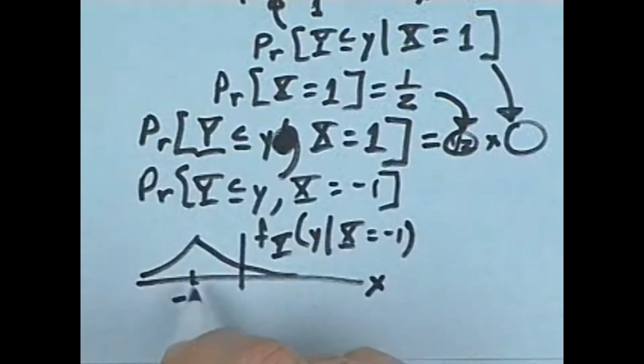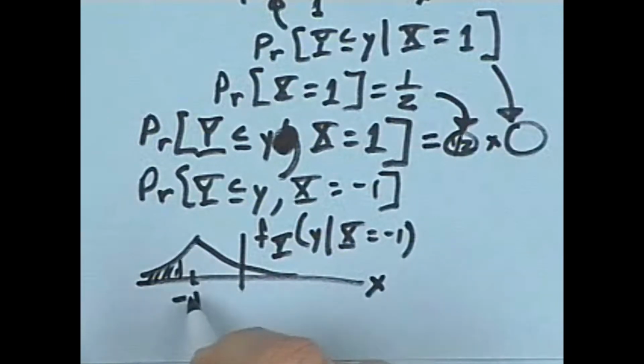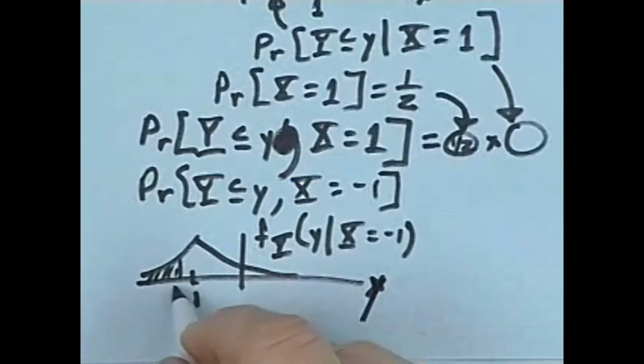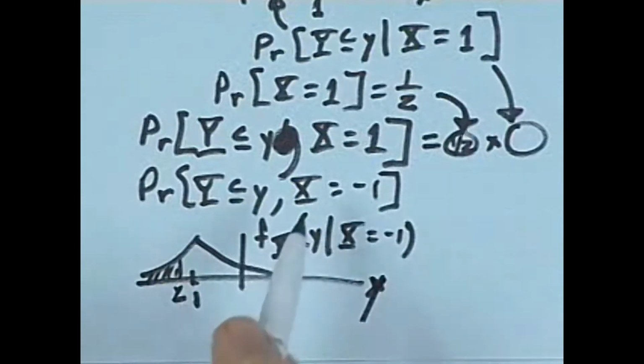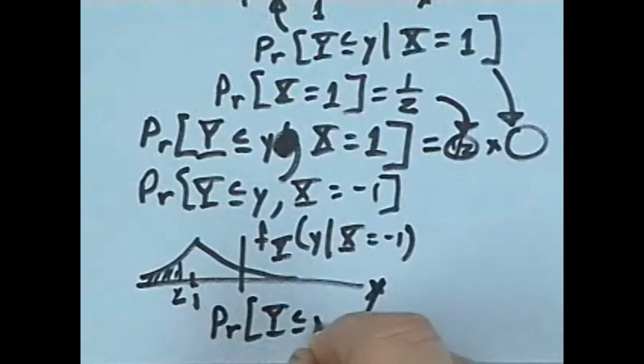So we would integrate in this manner up to a specific value of y. In a similar fashion, we get the probability that y is less than or equal to y, given that x is equal to minus 1. And then from this, we can compute these probabilities also for x equal to plus and minus 1. That then, I think, takes care of part A. Is that right?